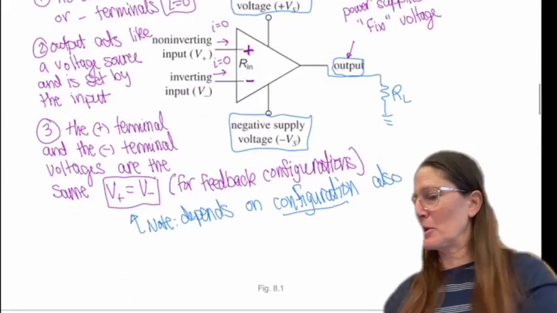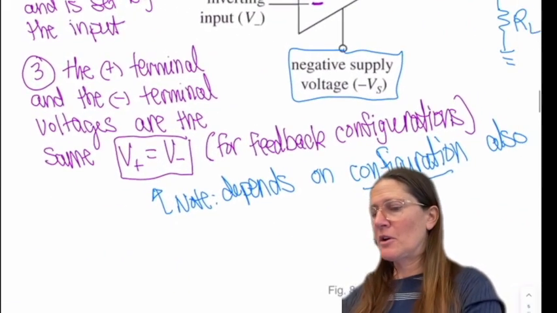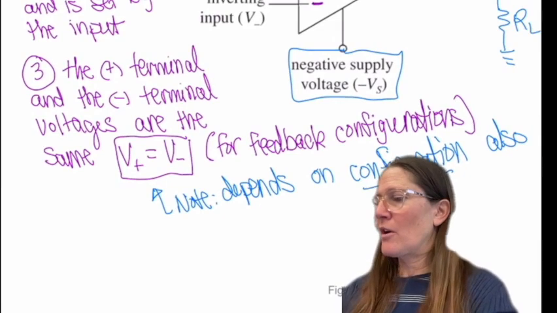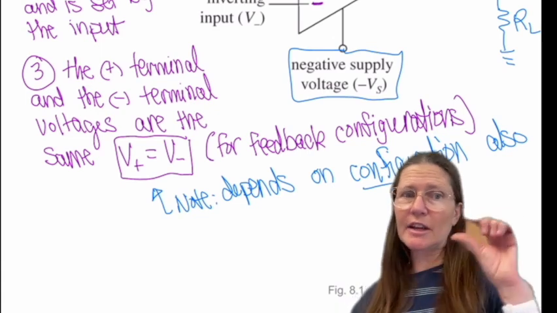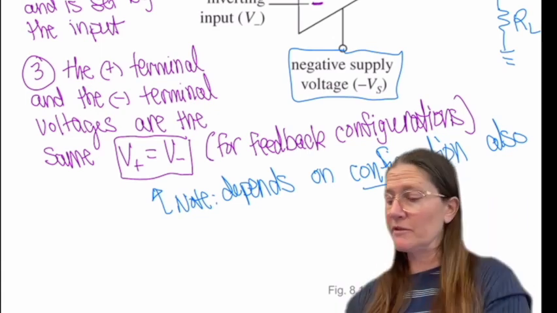So this might be a better way to word this. For feedback configurations, the characteristic is that V plus is equal to V minus.